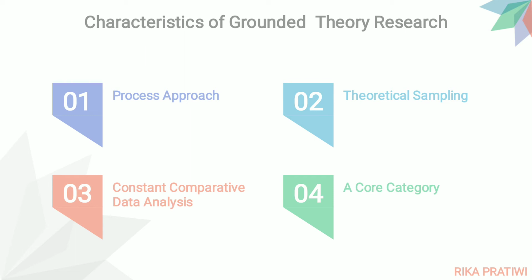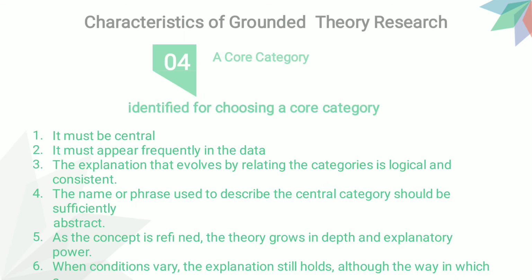A core category is the basis for writing the theory, and Strauss and Corbin in 1998 said how to identify a central or core category. There are six. The first one, it must be central.